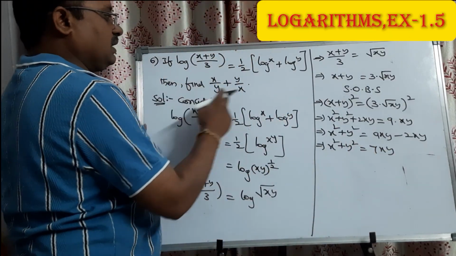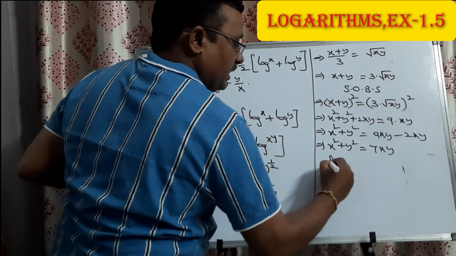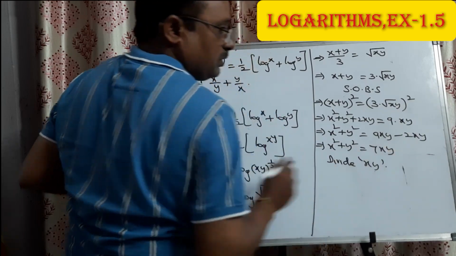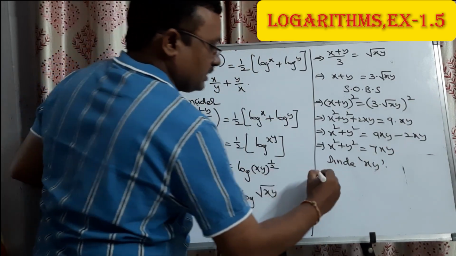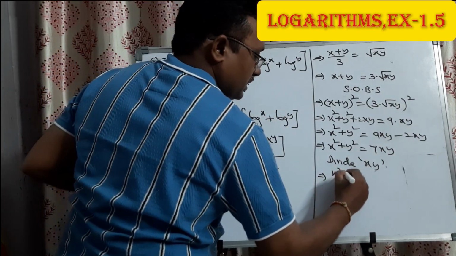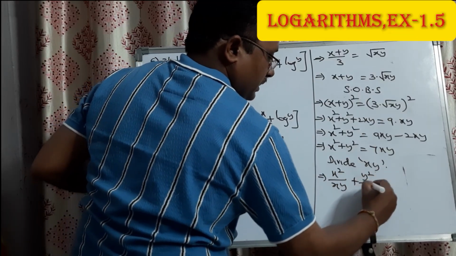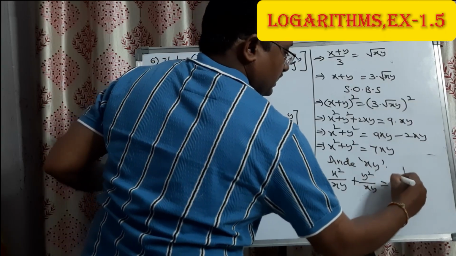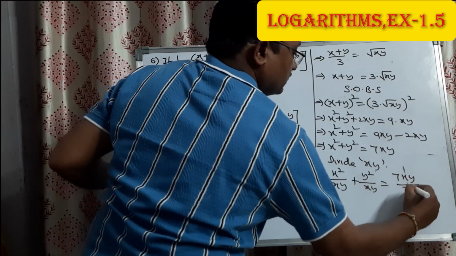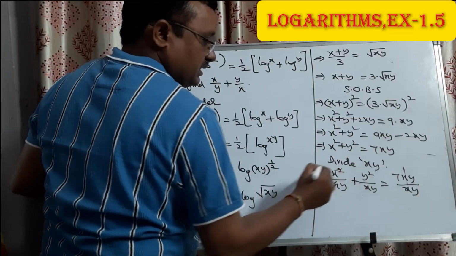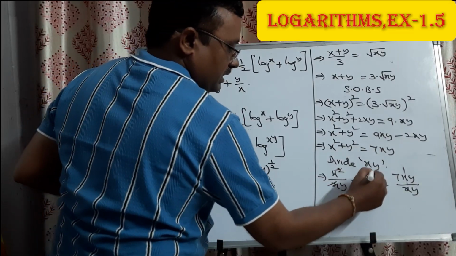To get our required result, divide by x into y on both sides. This implies the first term x square by xy plus the second term y square by xy, and on the right side 7xy by xy. Now do the suitable cancellation. 1x gets cancelled with 1x, 1y gets cancelled with 1y.